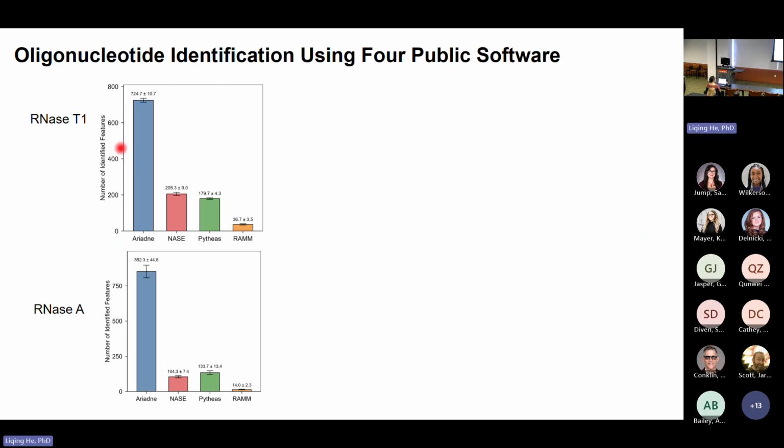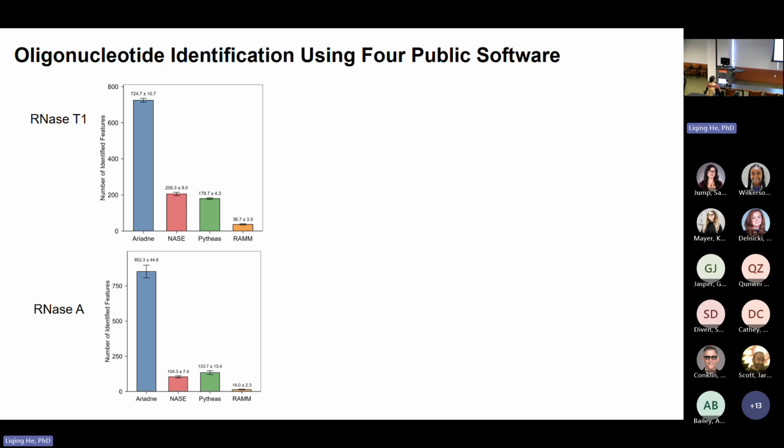From the result, we can see Adenine identified many more features than all the other platforms. In RNase T1, more than 700 features were identified, and in RNase A, more than 850. For NASE and Passes, about 200 in T1 and more than 100 in A. And RNA multi-mapper identified the fewest features.